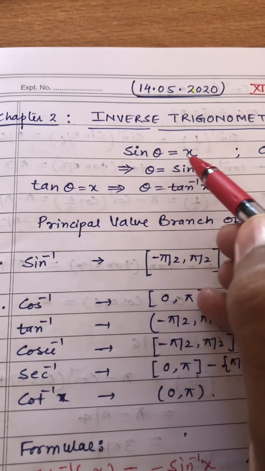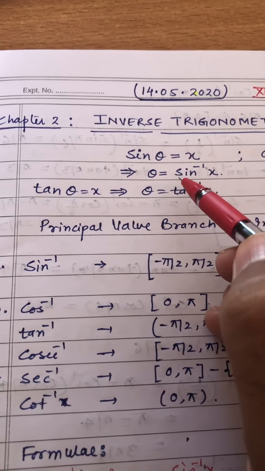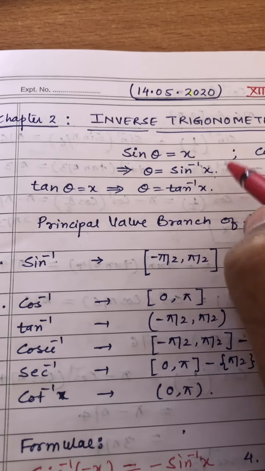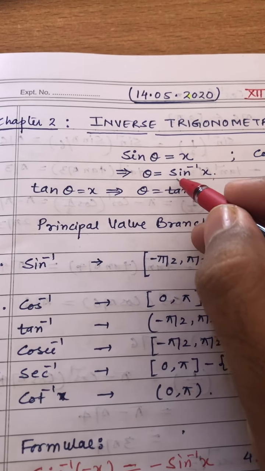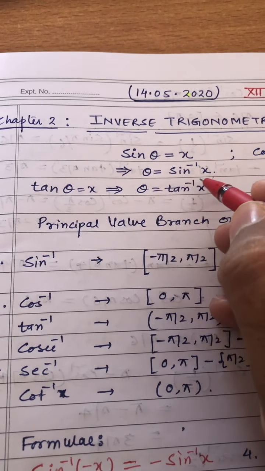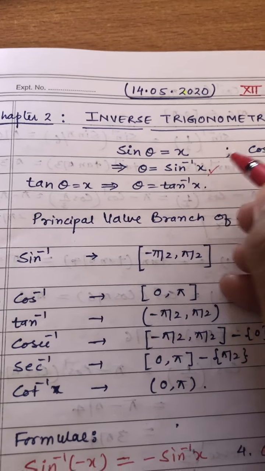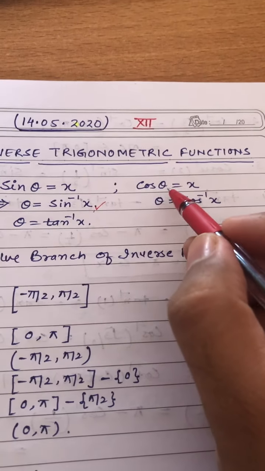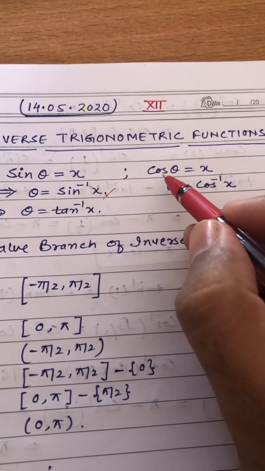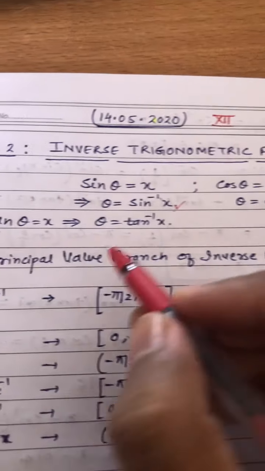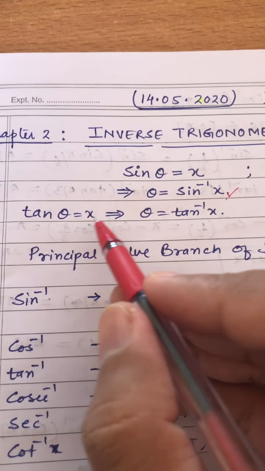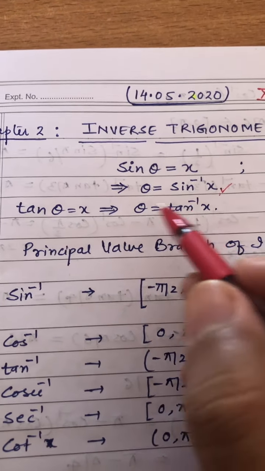So if sine theta equals x, then theta is sine inverse of x. We read it as sine inverse x. Similarly, if cos theta equals x, then theta is cos inverse of x, and if tan theta equals x, then theta is tan inverse of x.